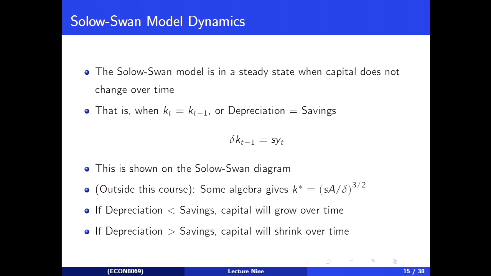If we have this low level of capital, this gap here is the level of capital growth, because it's the difference between savings and depreciation. If we're very, very close to the steady state level, we have a very small amount of capital growth. If we're really far away, we have a very large amount of capital growth. That's all the argument that I'm making.